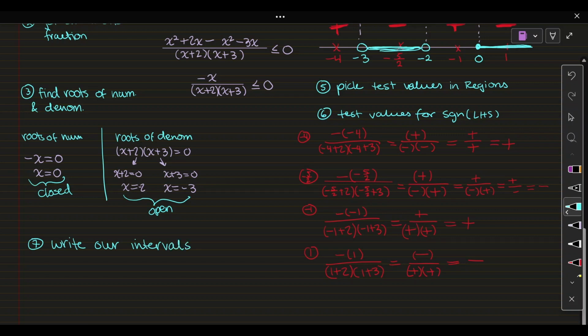So it's going to be everything between -3 and -2. Remember, it's open because we didn't include those. They're open, so we use parentheses. And then along with, that's union, everything including 0, because 0 was one of our roots of the numerator. We included that. It's a solid dot onward to infinity. And that is the solution.